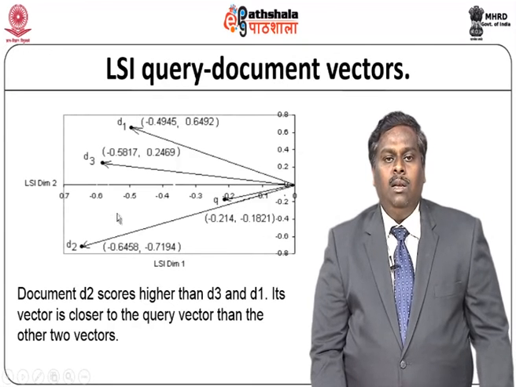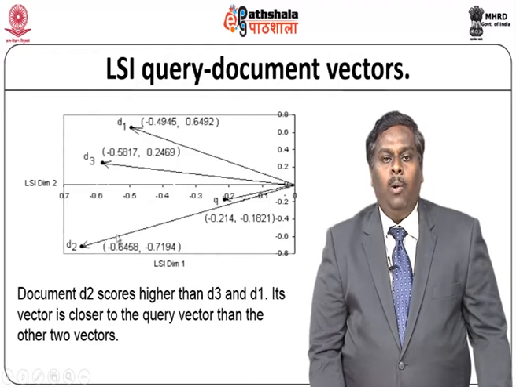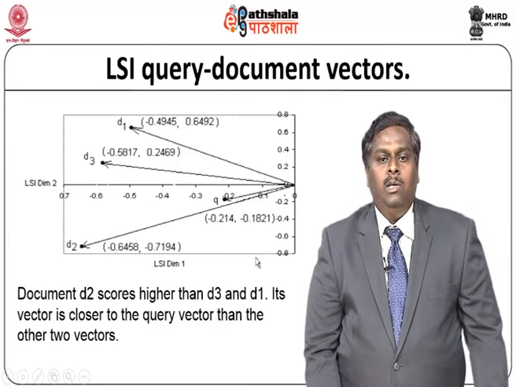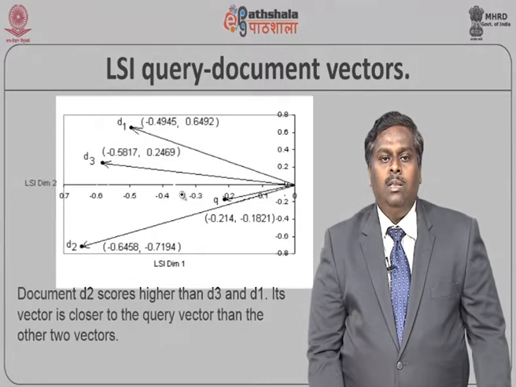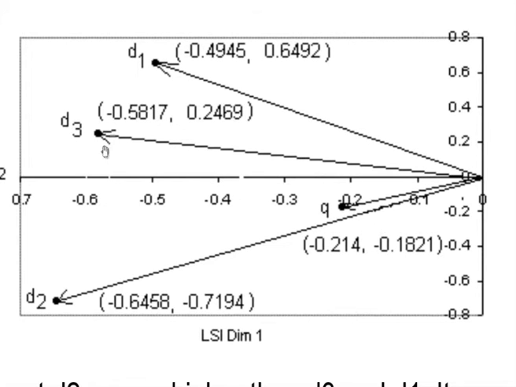Now, if these two dimensional parameters are plotted and highlighted as shown in this scatter plot, we may be in a position to find that these dots indicate the respective documents. So, document D1 is represented using this two dimensional value, document D2 with this value, document D3 with this value, and the given query Q is represented using this value.